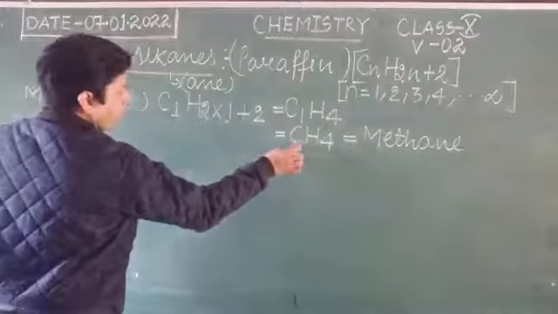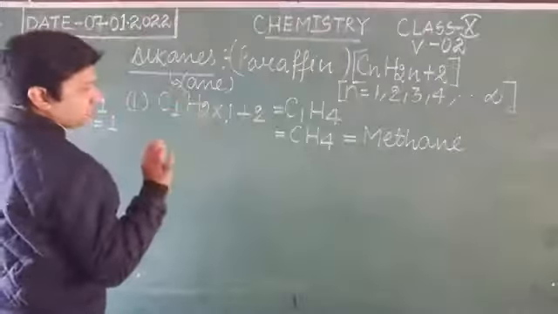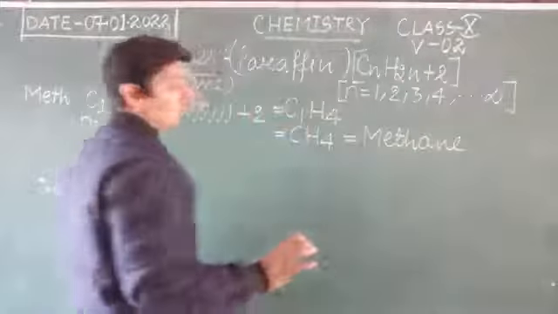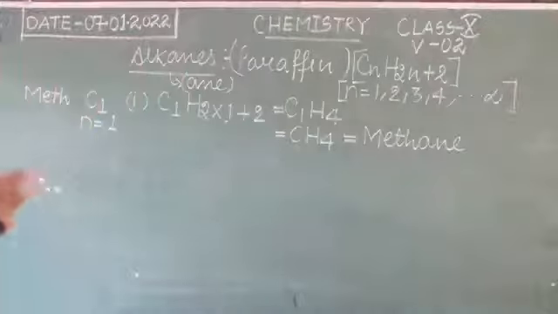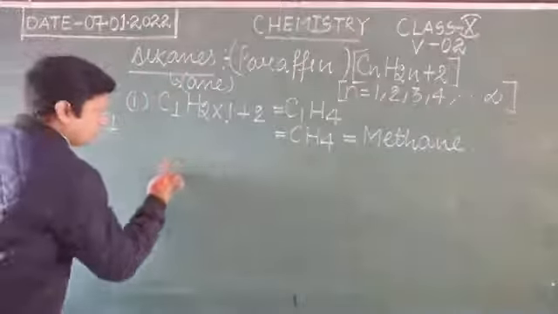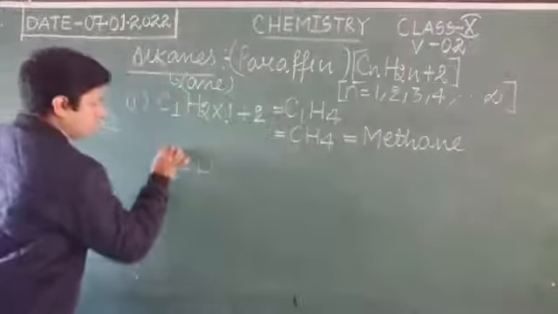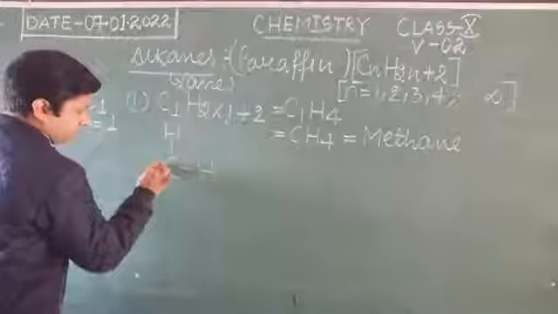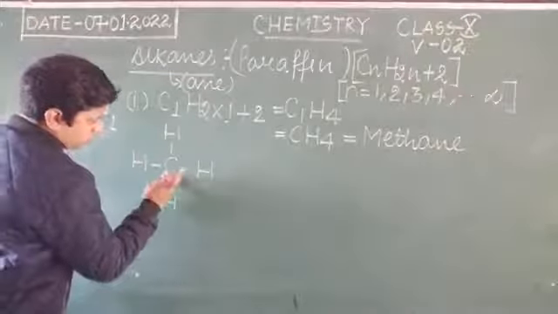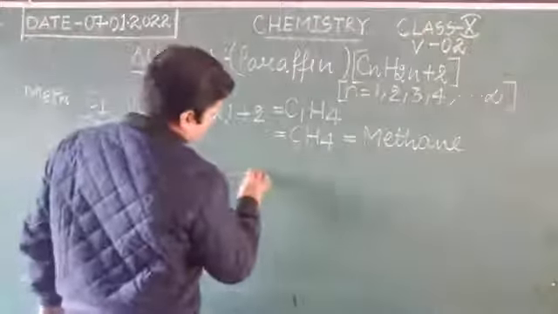Now, this is the molecular formula of methane, CH4, and methane is the IUPAC name of the first member of alkane, and the chemical structure is CH4. And what is the electron dot structure?